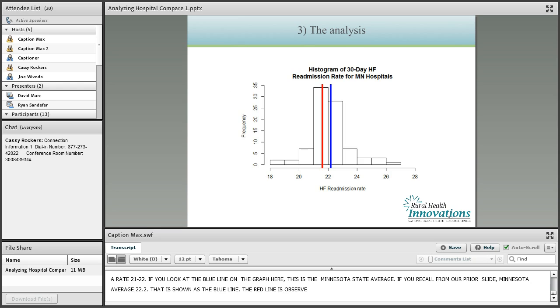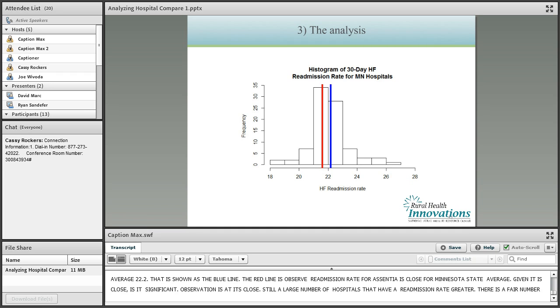This is freely available data published through the Hospital Compare web portal, and it's downloadable, so I encourage you to take a look at it. The Hospital Compare data has data on readmission rates, some performance data, and also patient satisfaction data. So it is a really rich data set.